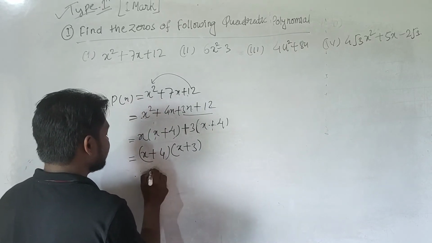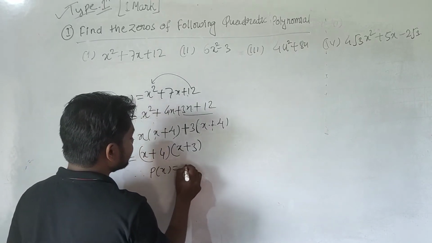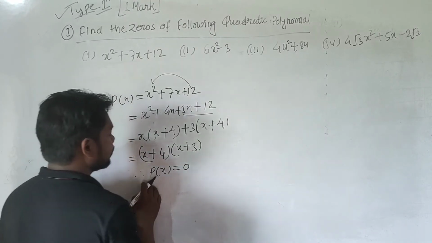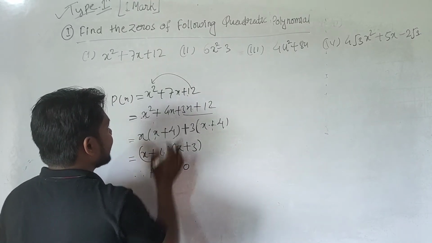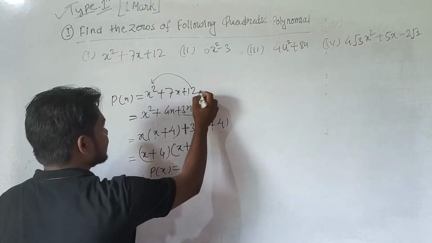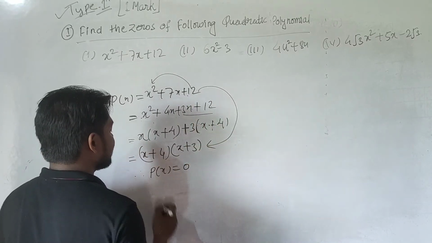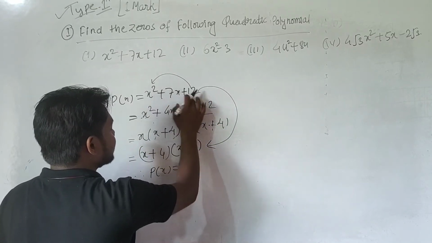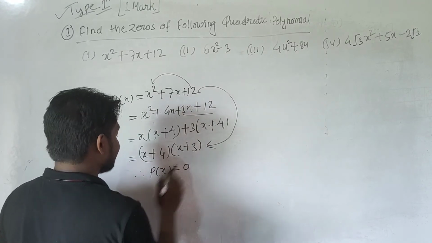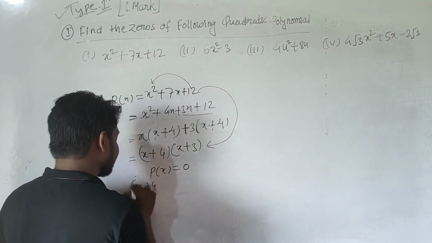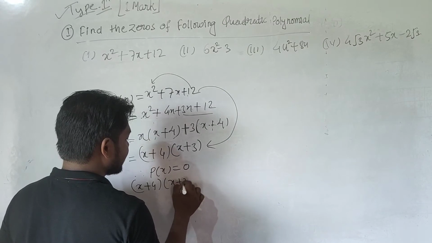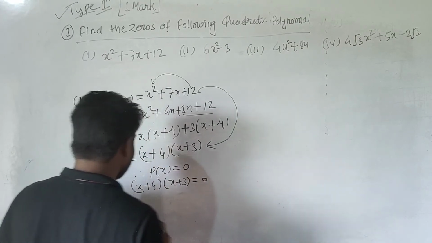So we will write p of x equal to 0. p of x is this, and this is equal to this one. So in place of this we directly can write this term. It will become x plus 4 into x plus 3 equal to 0.